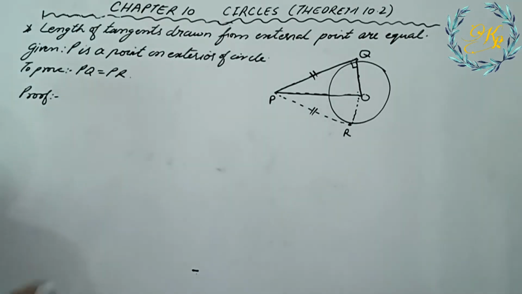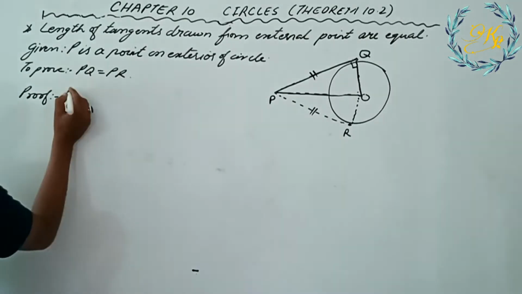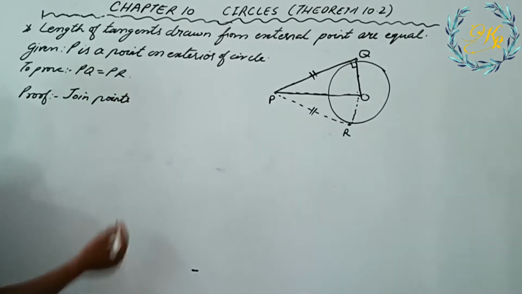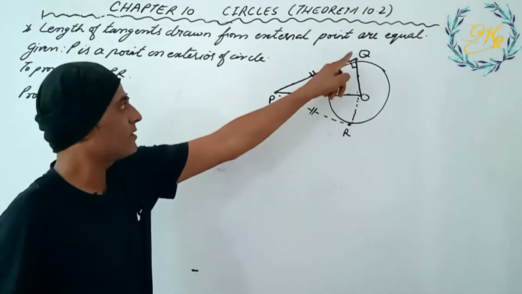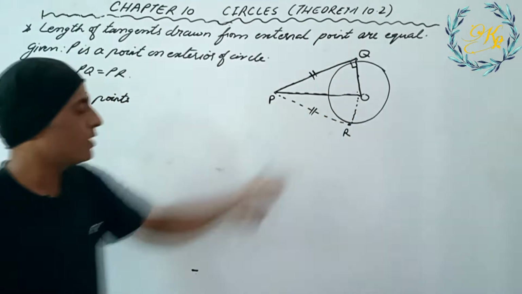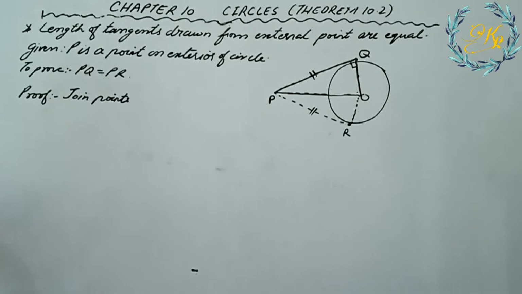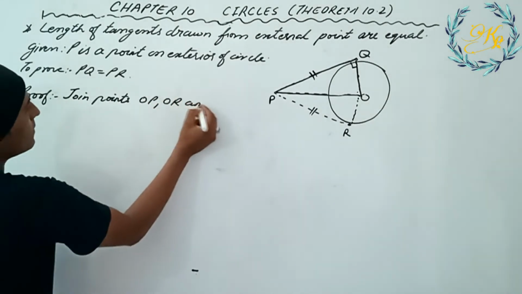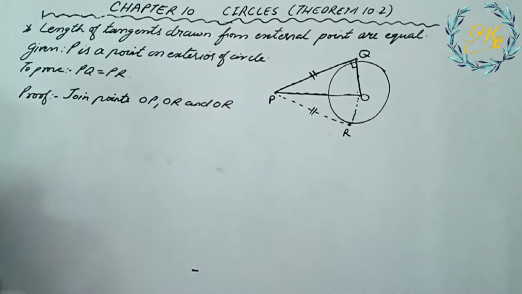Alright, the very first thing you do is join the points. As you can see the points here, R, Q, P and O. So we'll write here: join points OP, OQ and OR. This is the very first thing that you will do.